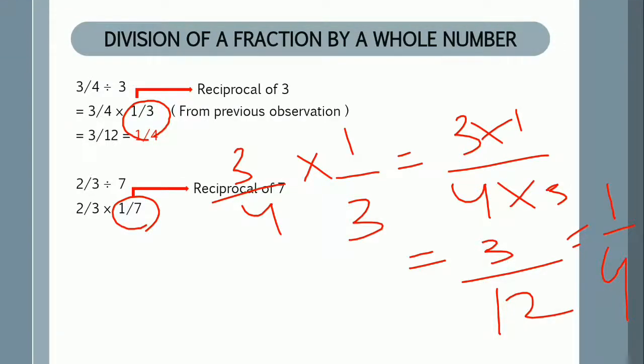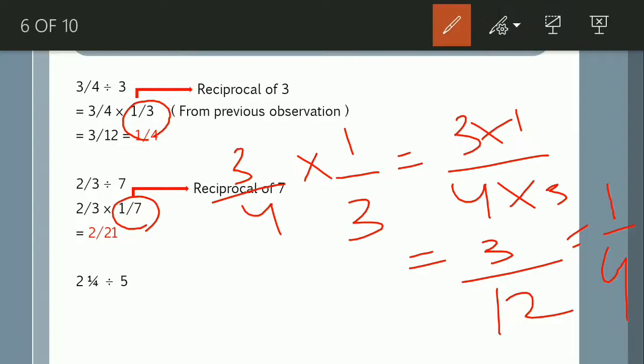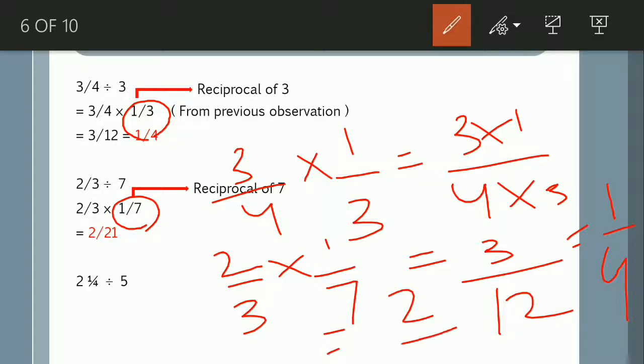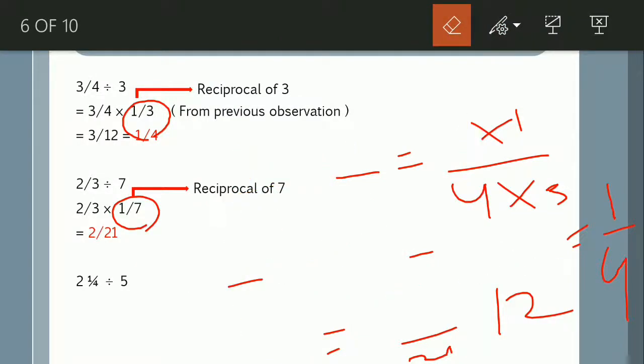Then see, when we multiply it, 2 by 3 into 1 by 7. What we get? 2 by 21. Okay. Then we move to next example.